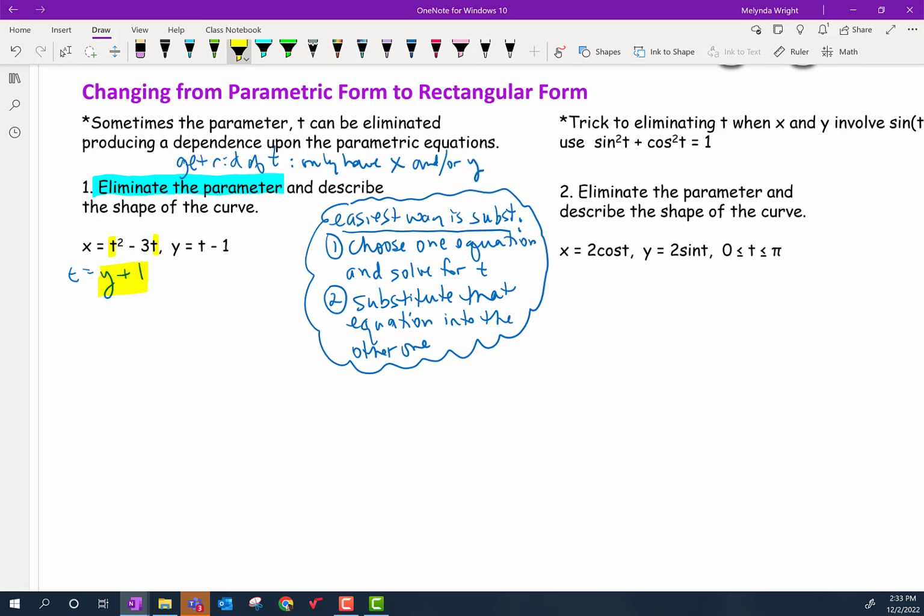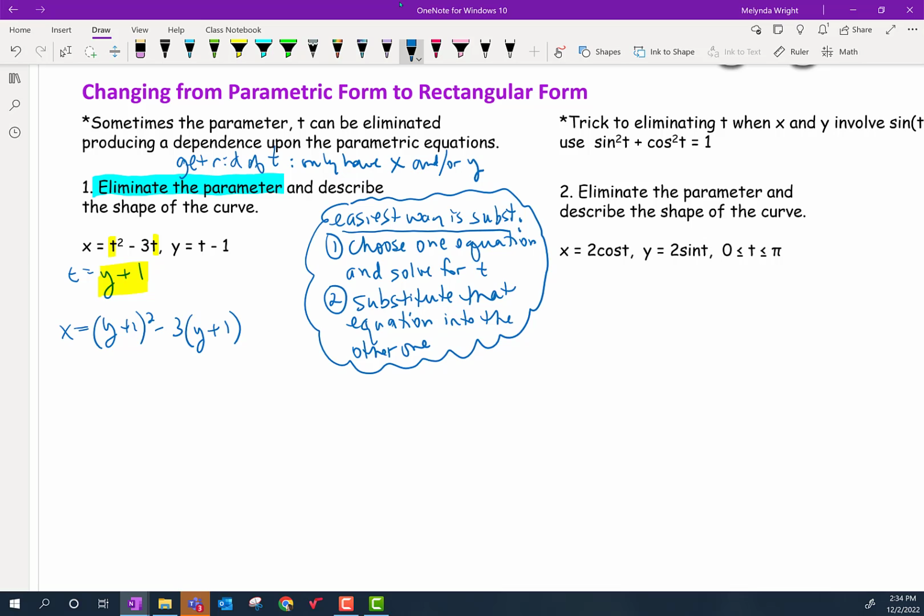I'm basically eliminating, getting rid of the t's. So x is going to equal, and then we open that up and put a y plus 1 in it, and then open that other t up and put a y plus 1 in it. Okay, so we have just eliminated the parameter. We've done steps 1 and 2.